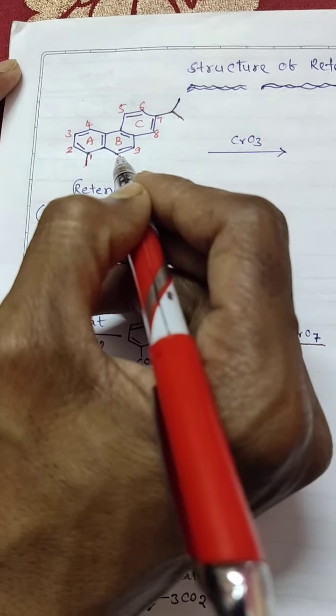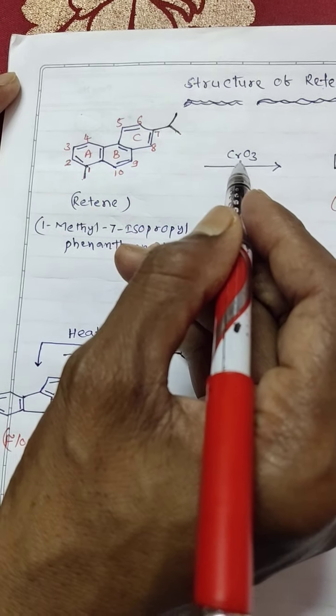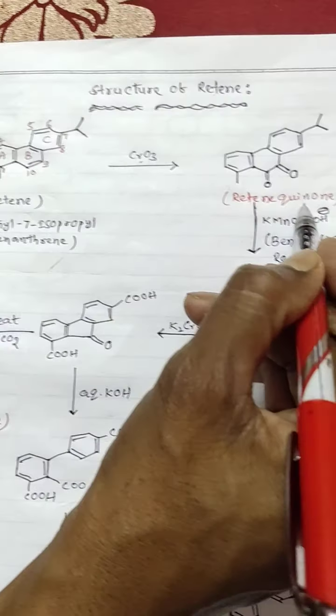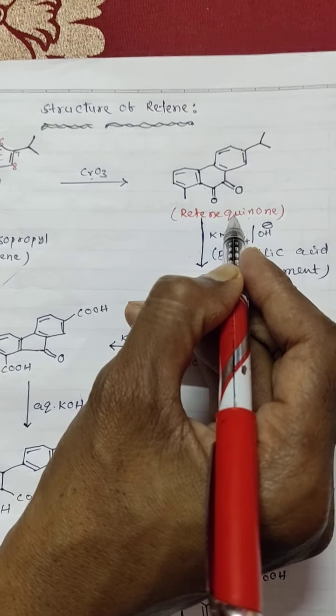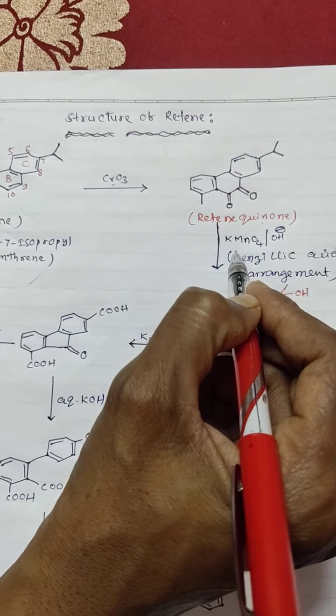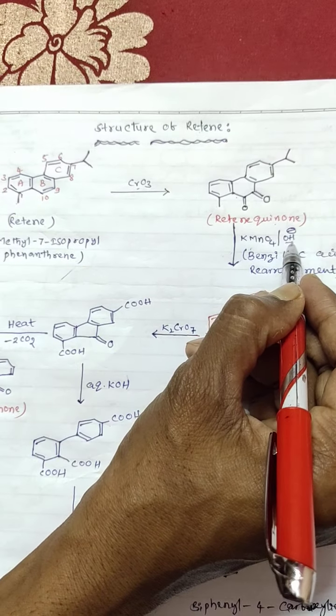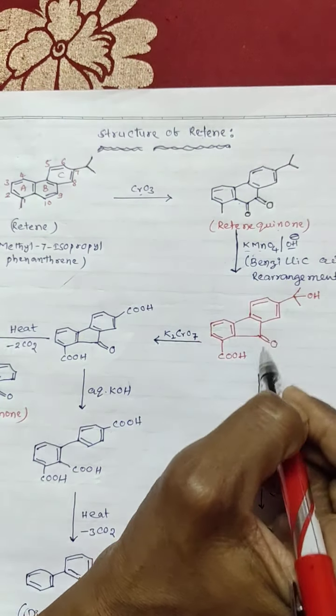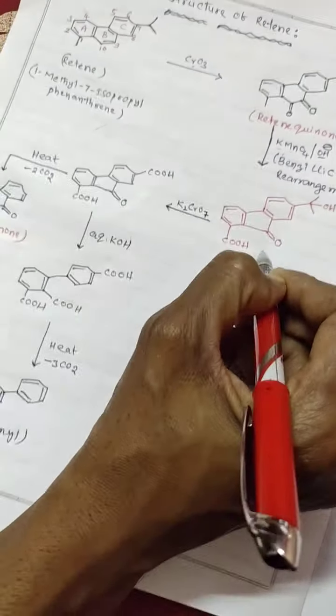First, oxidation of retene with chromic acid gave retenequinone, like this. Then oxidation with alkaline permanganate, alkaline meaning base, potassium permanganate, gave this product.